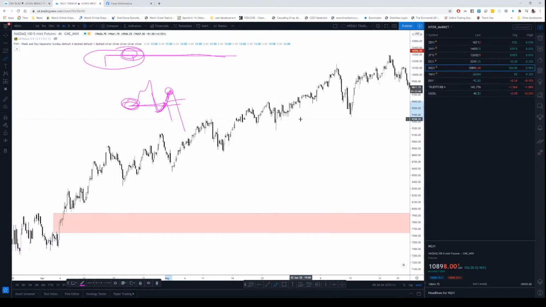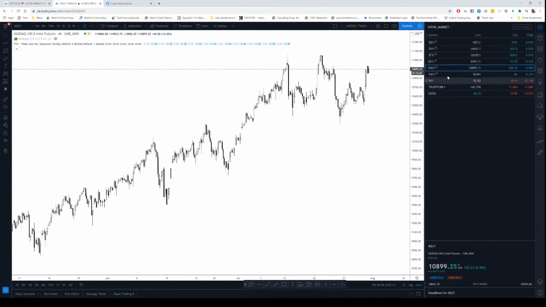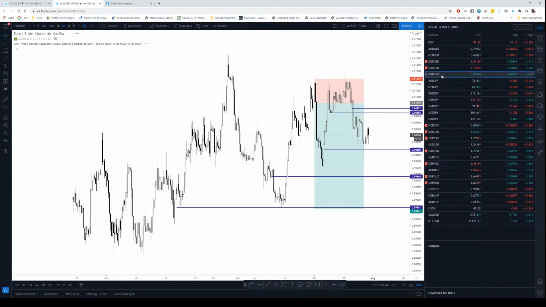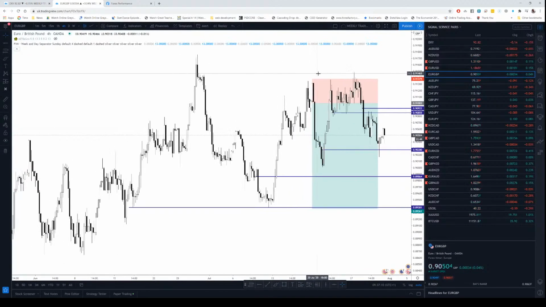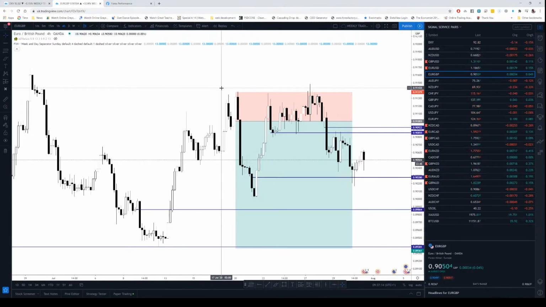Let me show you an example. There was an example on Euro Pound. Let's go into Euro Pound. See this equal high?